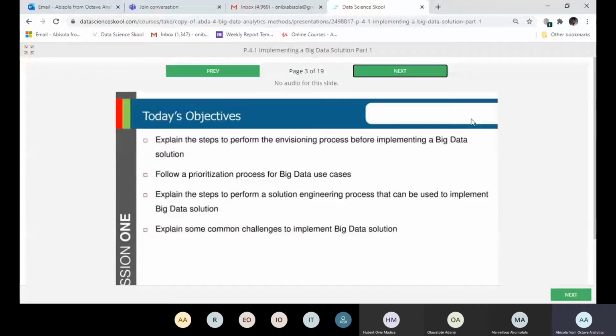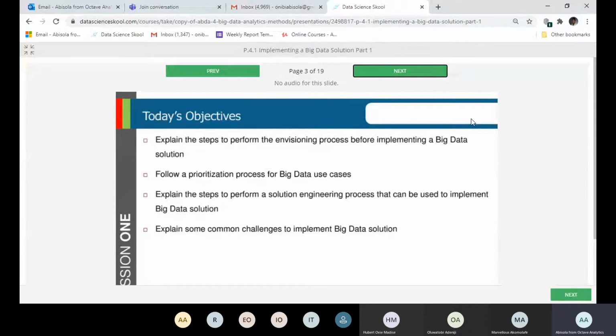I will also explain the steps to perform a solution engineering process that can be used to implement a big data solution. To be able to implement a big data solution for a company, you have to know the steps to take to create this process, and it takes a lot of steps.